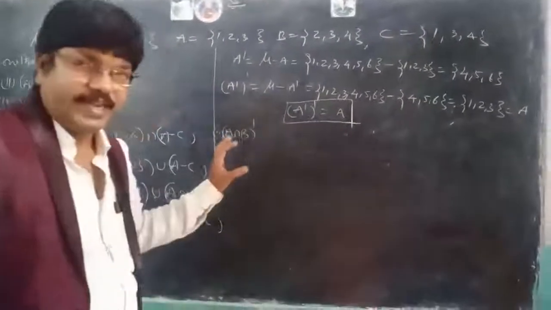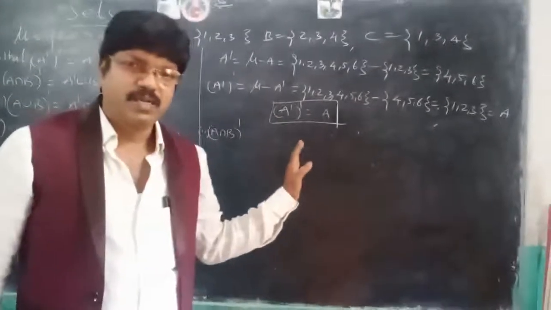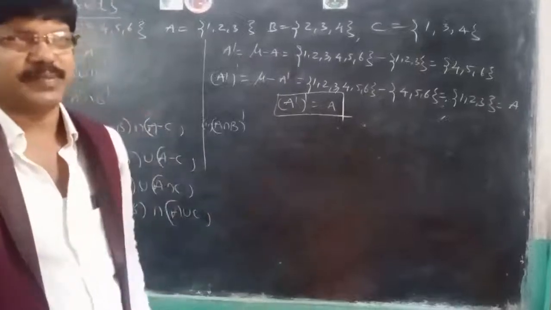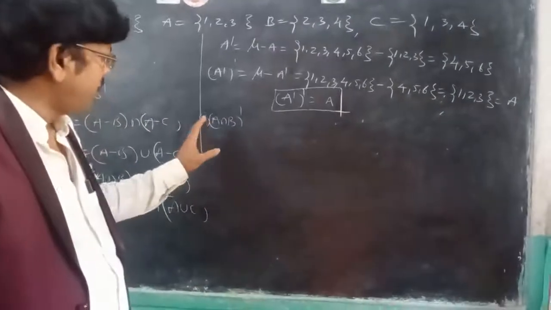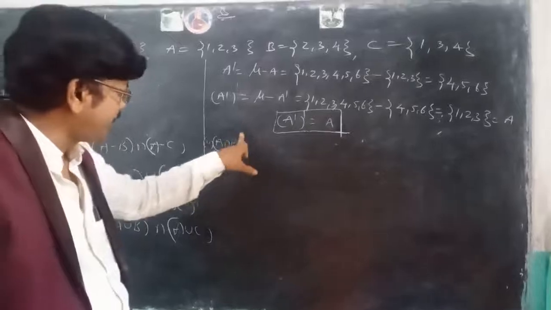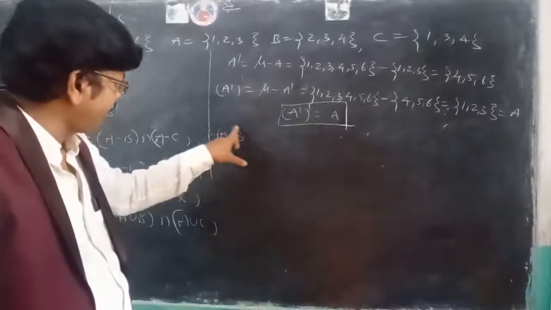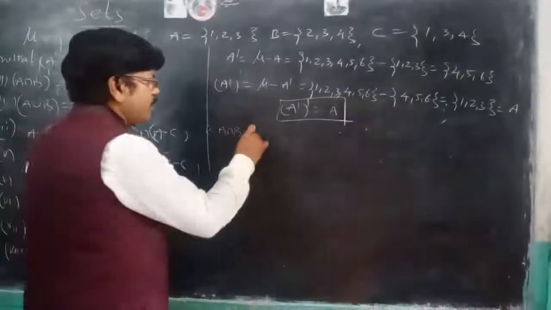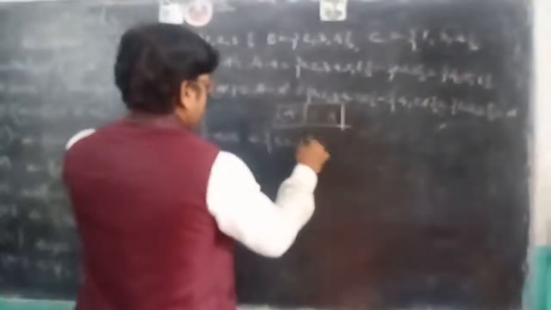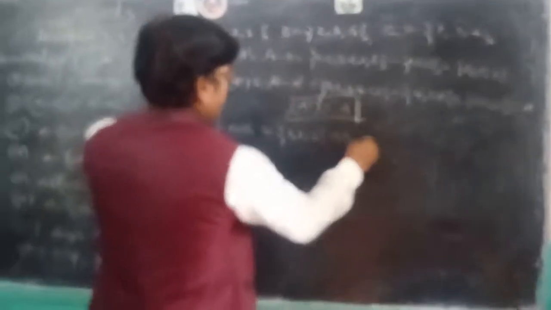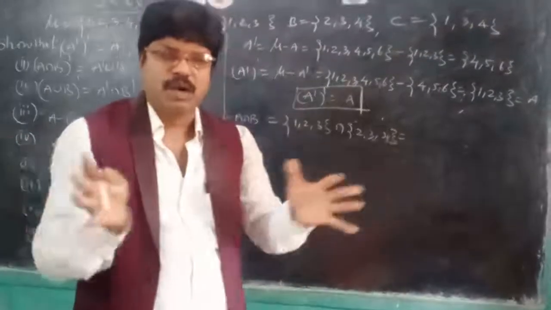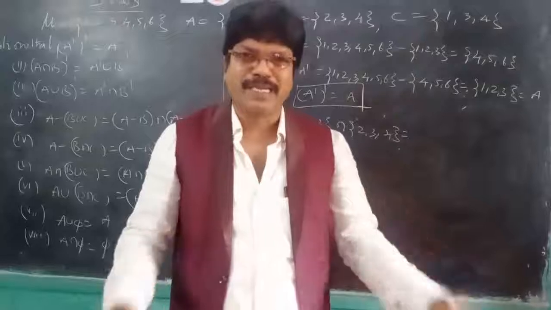If you want to find A intersection B whole dash, we don't find it directly. Before that, we find A intersection B. What is A? 1, 2, 3. And what is B? 2, 3, 4. Intersection means common elements.